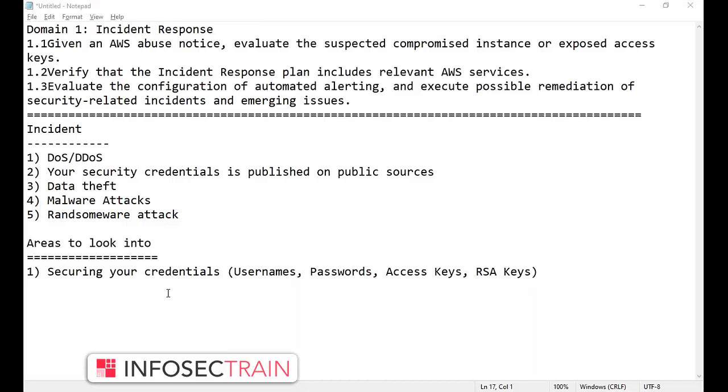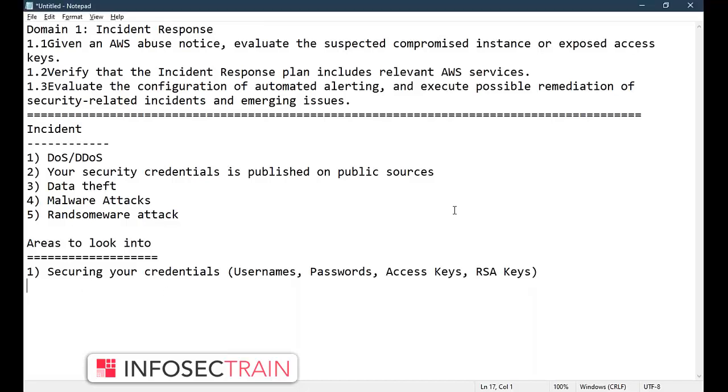And it is not as easy as managing a single username and password. You may have n number of credentials in your company to manage. So there must be a proper solution to manage all your security credentials, and you must make sure that your credentials are not leaked by anyone. I'll give an example here. You are aware of GitHub. GitHub, you are aware of GitHub.